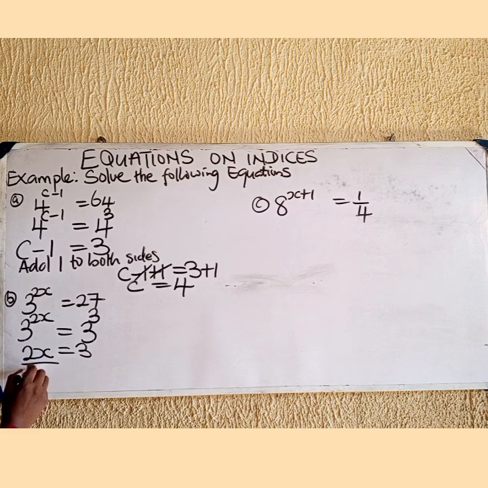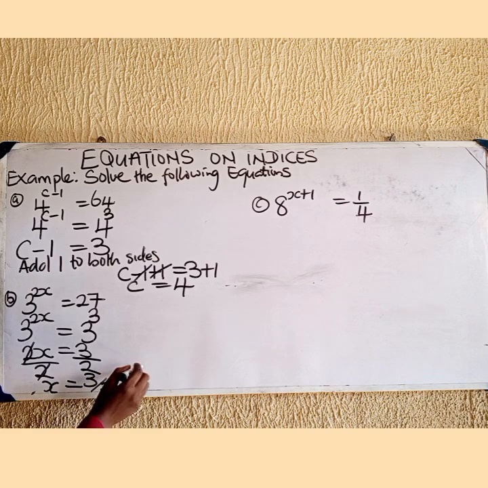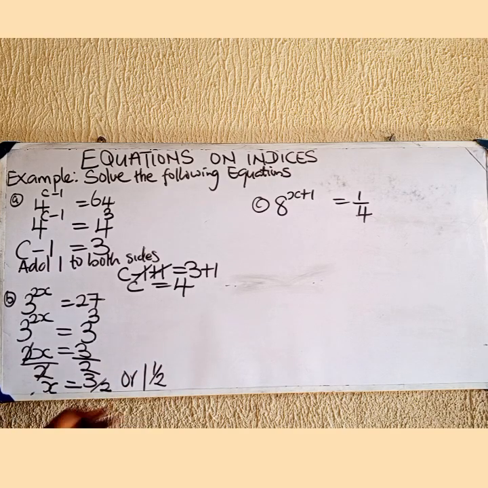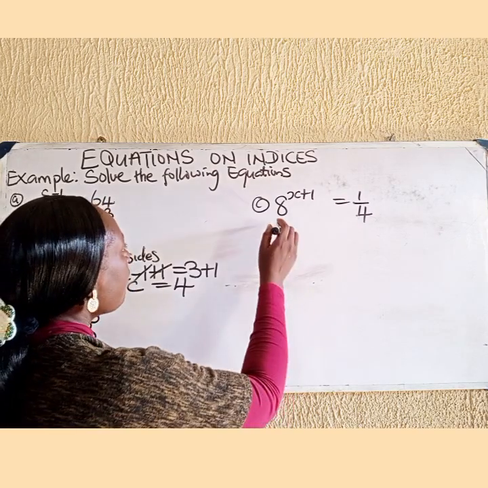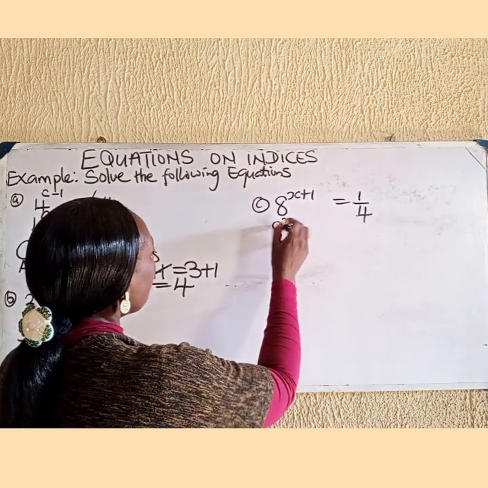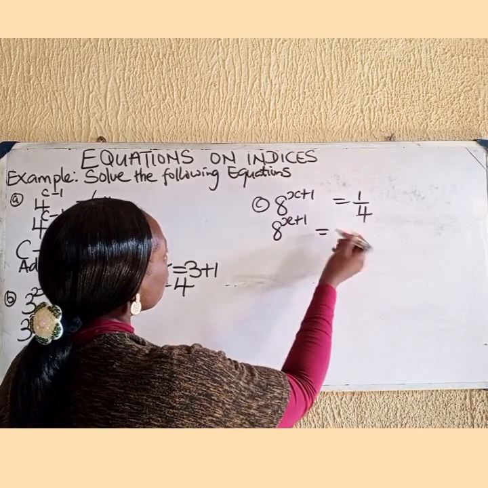So I have to divide both sides by the coefficient of the unknown x. 2 will cancel 2. x is equal to 3 over 2. Or, changing to mixed fraction, I have 1 whole number, 1 over 2. I hope it's clear.